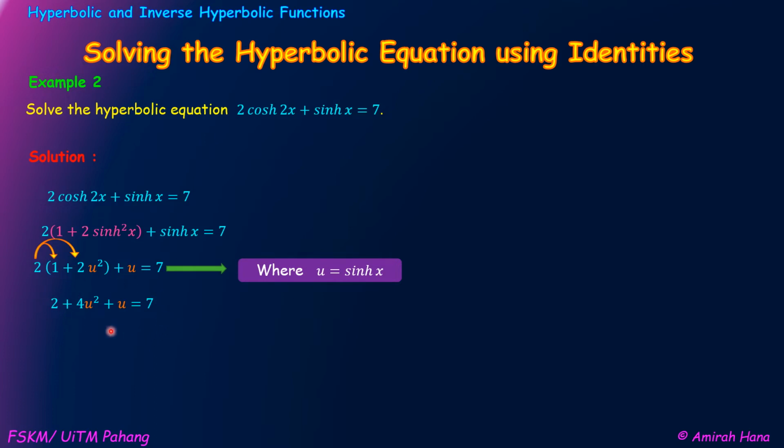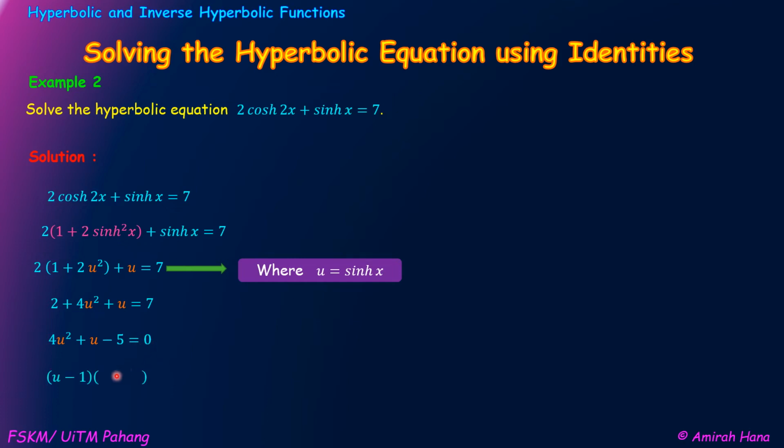This is a quadratic equation. To solve a quadratic equation, one side should be 0, so let's bring all terms to the left hand side. We got 4u squared plus u, and then 2 minus 7 equals negative 5, and the right hand side equals 0. To solve this quadratic equation, we can factorize it.